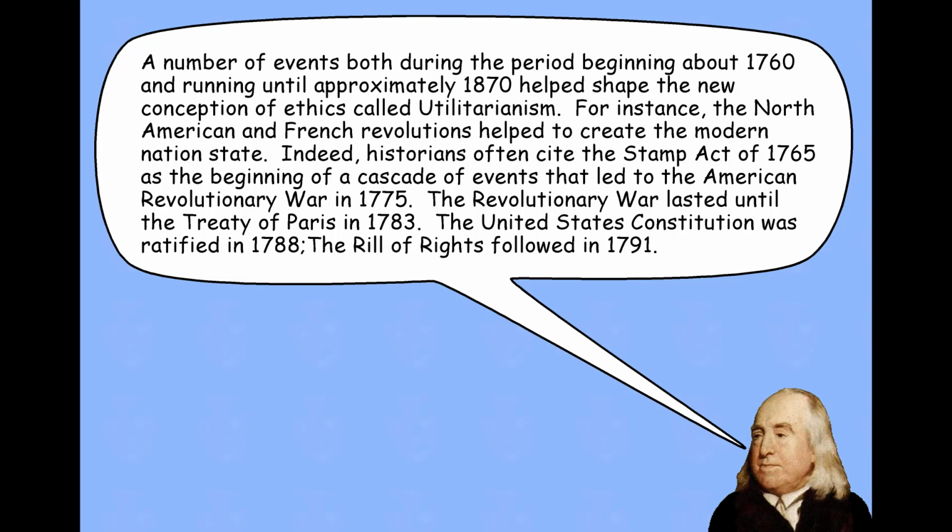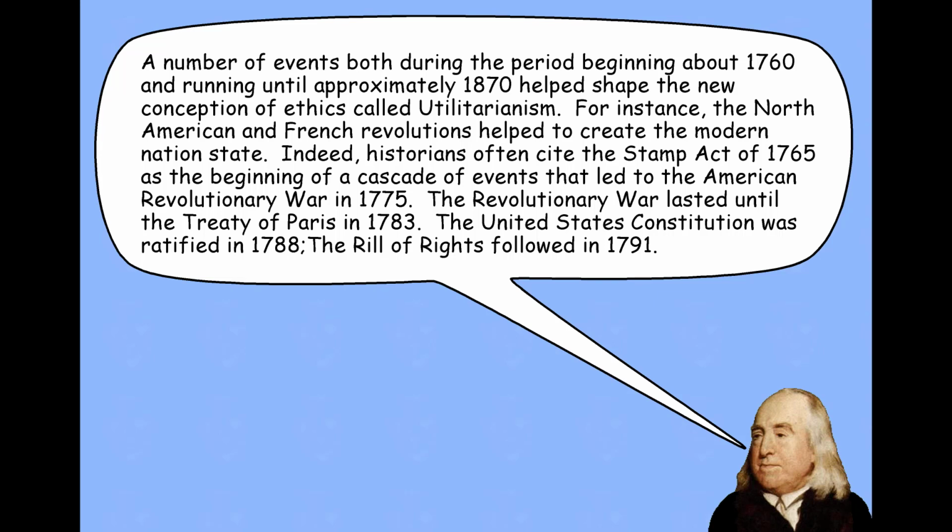So let's look at the historical period and the events that helped to shape the doctrine of utilitarianism. A number of events, during the period beginning about 1760 and running to approximately 1870, helped shape the new conception of ethics that we now recognize as utilitarianism.